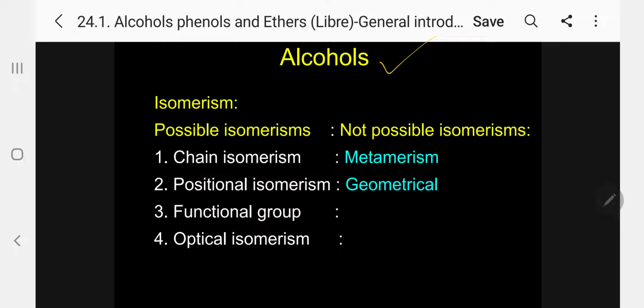Under the alcohols, we have already discussed the naming, common name as well as IUPAC name. Let me come to isomerism.